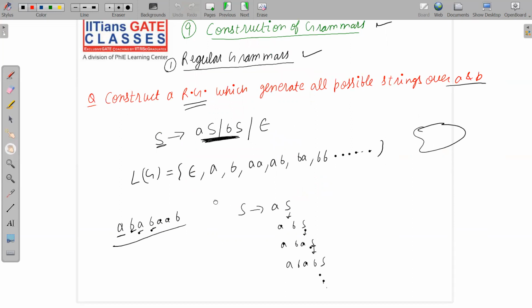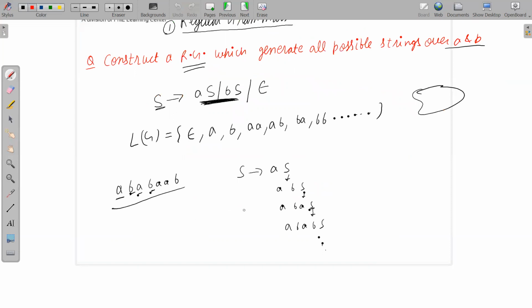This was the grammar. So I can write it like this also. If I write S implies aS, bS, null, this was the grammar. If I write one more production, double aS, double bS, do you think that this grammar will generate some extra string?